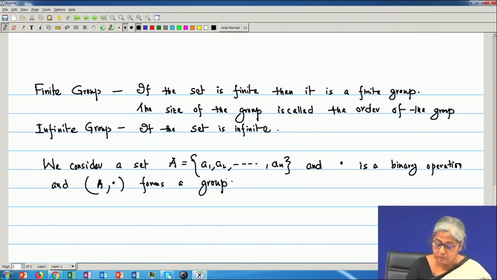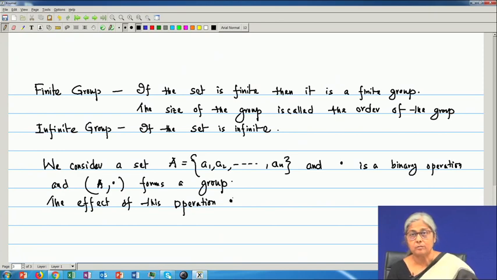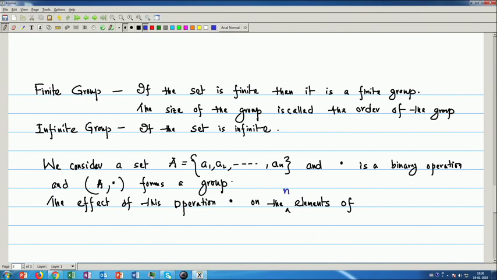Now, the effect of this operation dot on the n elements of A can be represented as an n by n matrix.